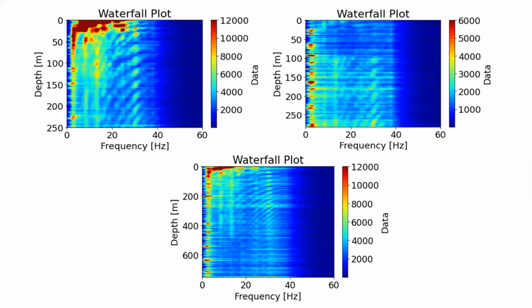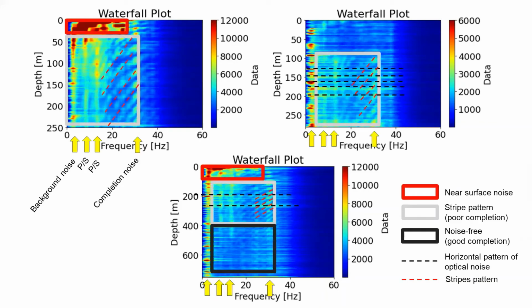If you look more closely here, we can identify some noises. For example, there is an interesting stripe pattern. It turns out this stripe pattern is noise caused by the well completion. Some parts of the well have poor cement integrity and the deeper part has better cement, and the poor cement appears as this stripe pattern.